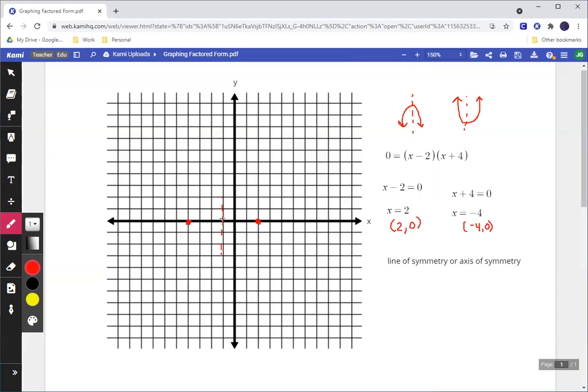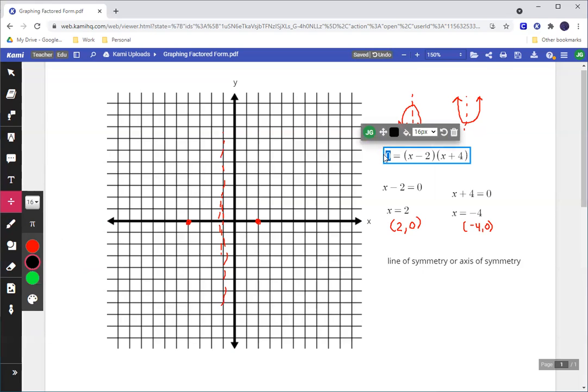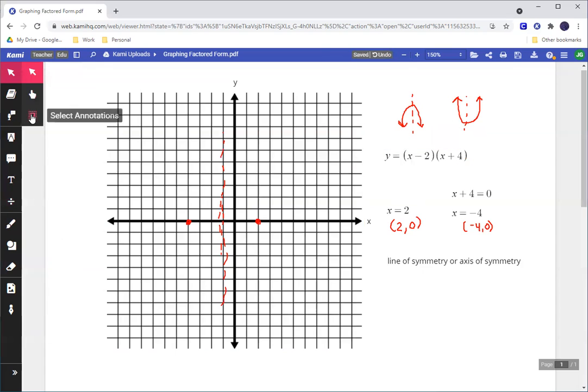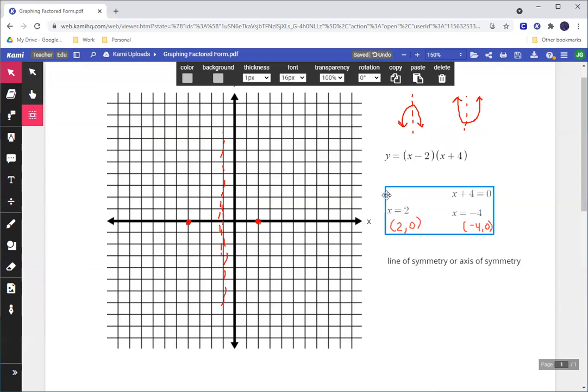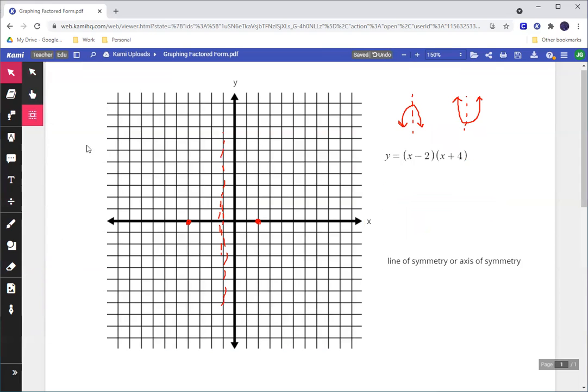So what we want to do is find a point that lies on this middle line at x equals -1. We can come over to our equation, set it up again with y, and we don't need these pieces anymore. We can substitute in -1 and see which y-coordinate we get.